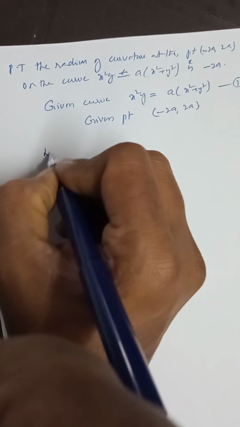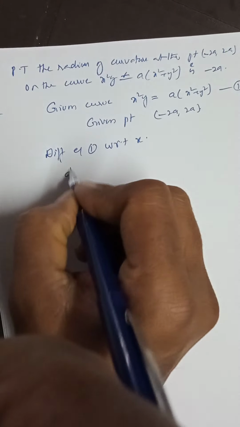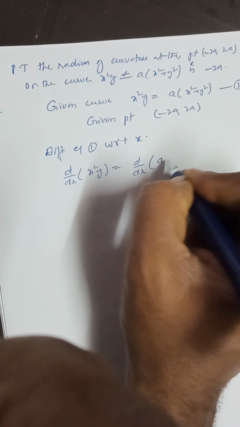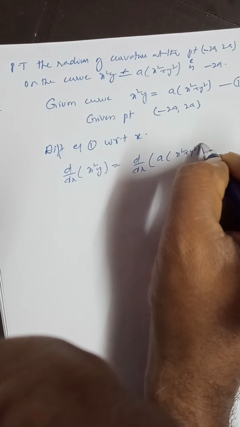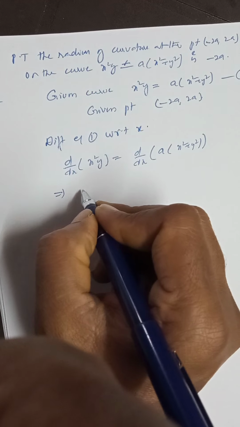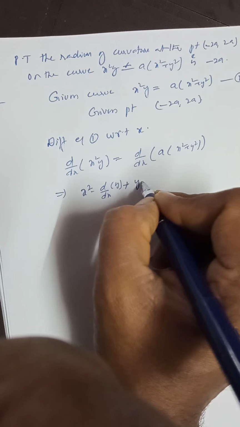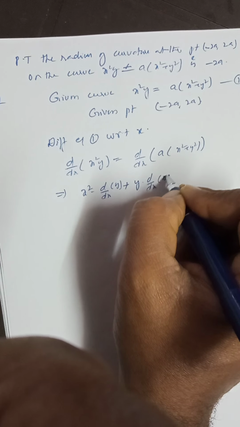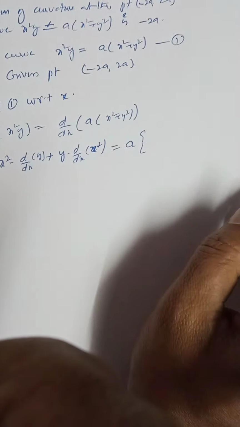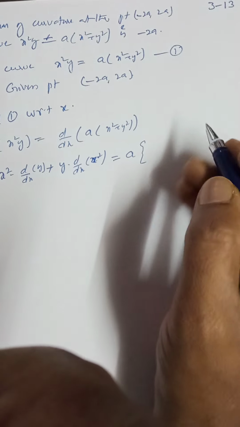First of all, differentiate equation 1 with respect to x. Now, d by dx of x square y is equal to d by dx of a into (x square plus y square). We apply the uv formula: x square into d by dx of y plus y into d by dx of x square is equal to a into (d by dx of x square plus d by dx of y square), because a is a coefficient of x square plus y square and it is a constant, so we can take it outside the differentiation symbol.